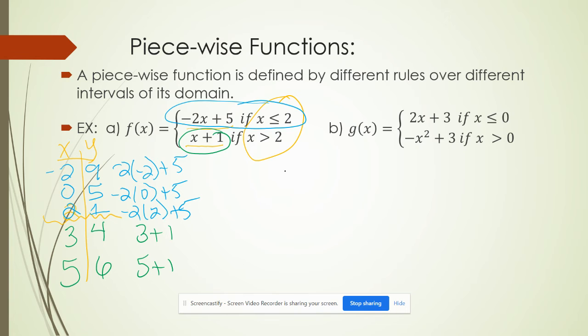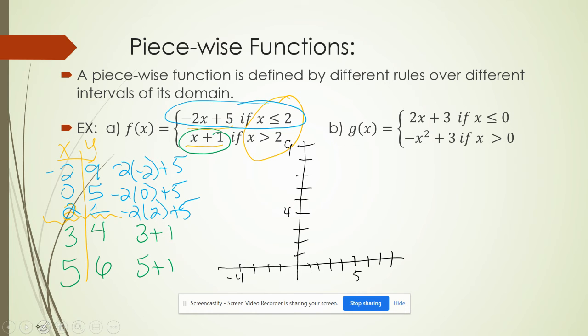To put this on a graph, we put all of it on the same graph. So I'm going to use the blue again. We have -2, 9, 0, 5, and 2, 1.